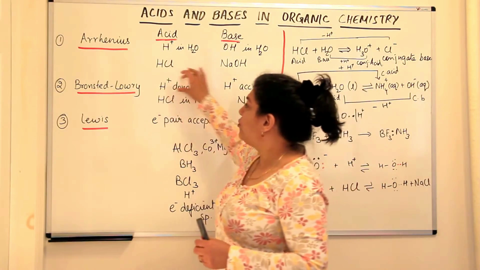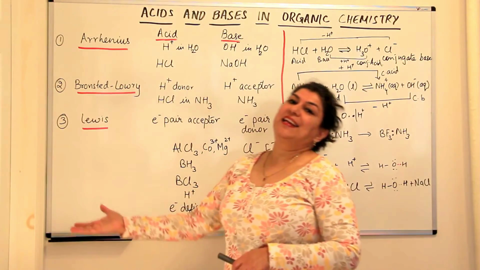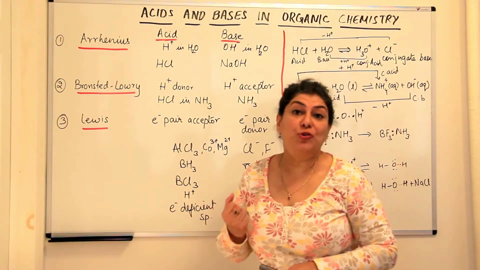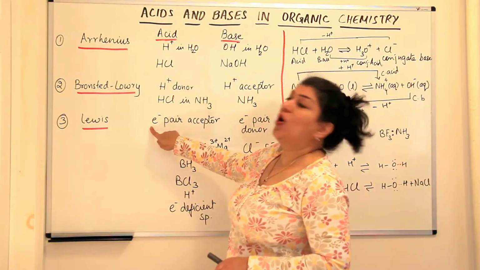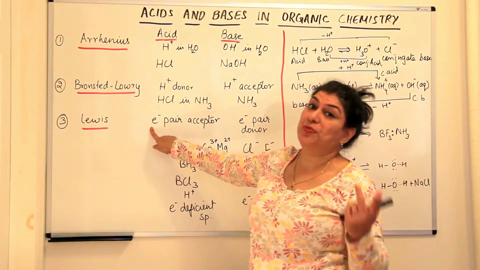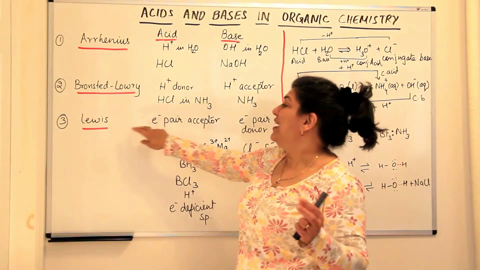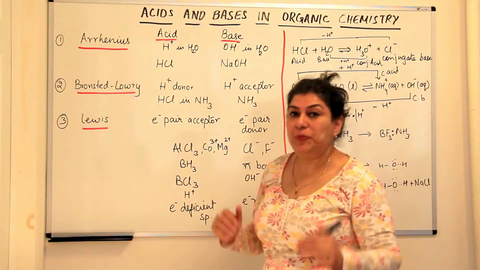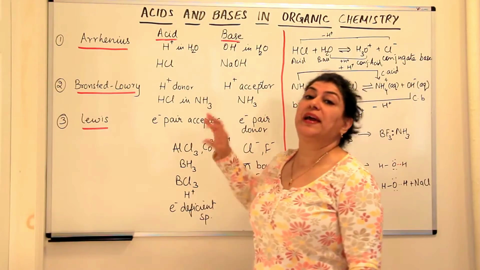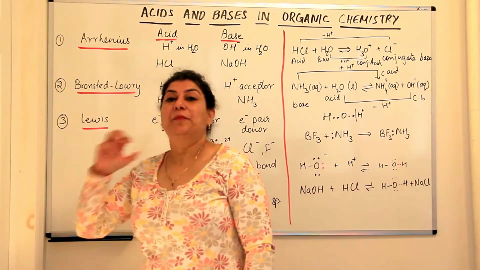So if a proton donor is an acid, an electron acceptor should also be an acid. Donating positive charge or accepting negative charge should be the same thing. So Lewis' definition tells us that an electron pair acceptor would be an acid, while an electron pair donor would be a base.